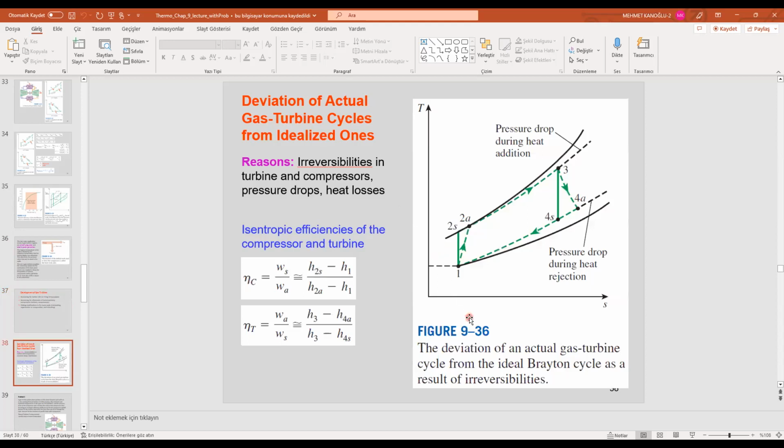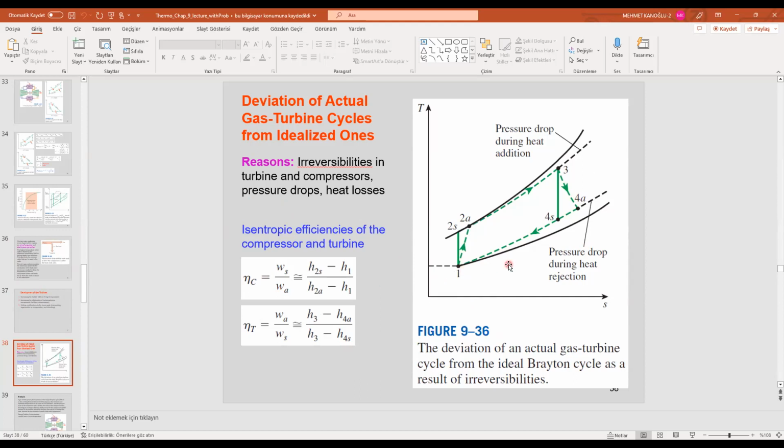Here we see the difference between actual gas turbine cycle and the ideal Brayton cycle operation. Basically the difference is irreversibilities, and irreversibilities are due to friction and unwanted heat transfer. Another source of irreversibility is the pressure drops in various components in the cycle.